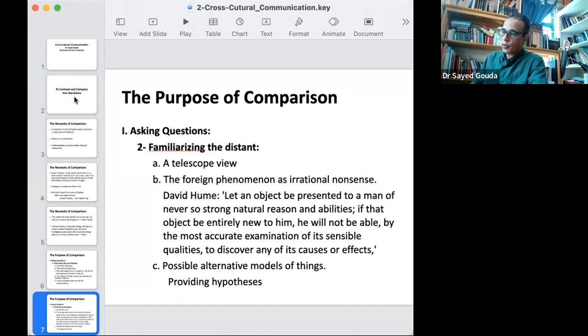And also, we need to think of possible alternative models of things. We always need to think of a third alternative. What if the situation was this? What if we behave differently? What if we always try to come up with or provide a new hypothesis?